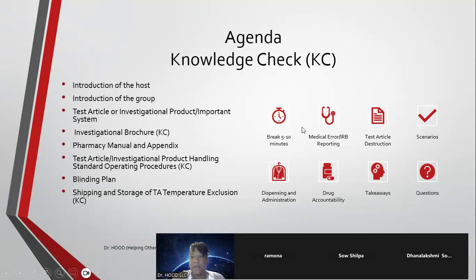Then we're going to take a 5-minute break, go over medical areas and IRB reporting, and test article destruction. Then for the scenarios, we're going to let you all go into the breakout rooms and discuss the discrepancies I've made with the documentation to see if you can find them.